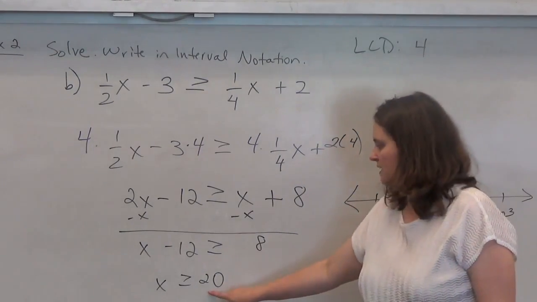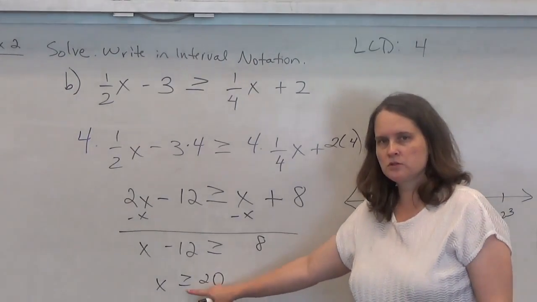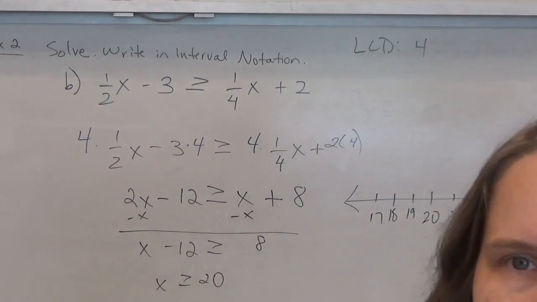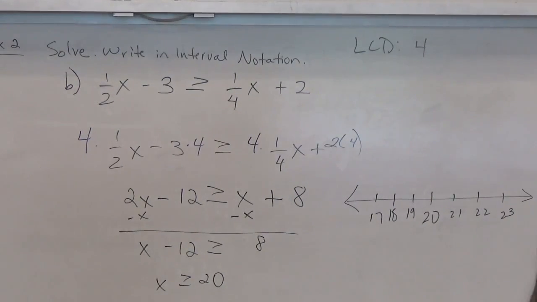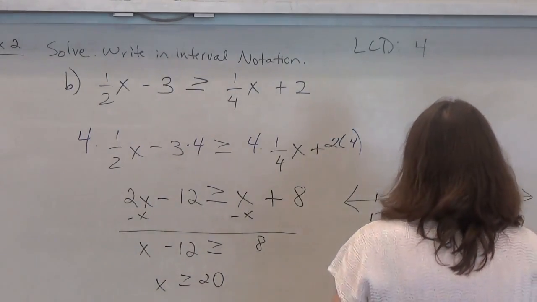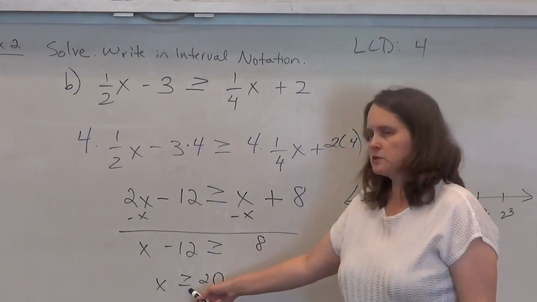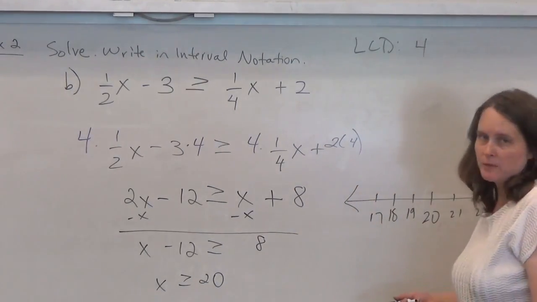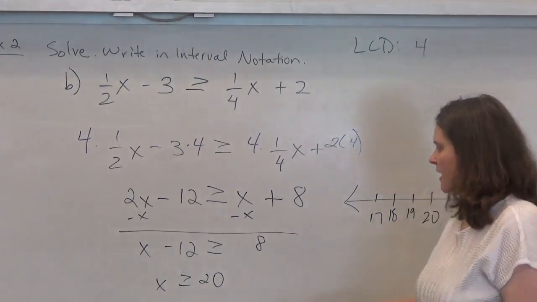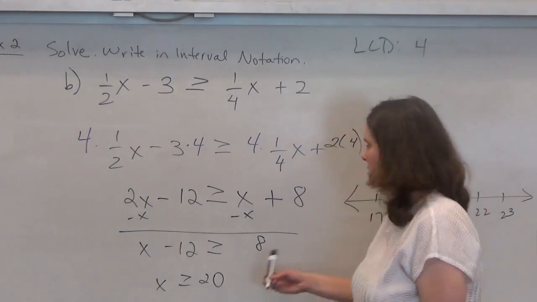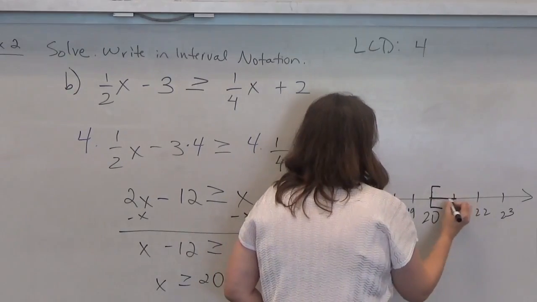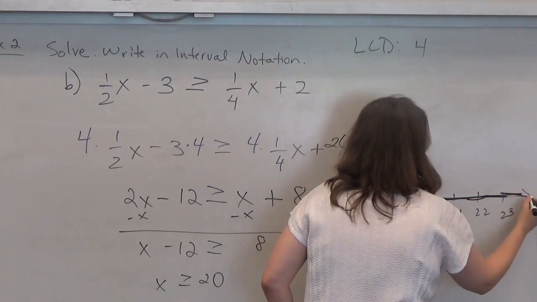I noticed that 20 is included, so you could use a closed circle to indicate that 20 is part of the solution. I'm going to use the square bracket. And I'm going to shade everything larger than 20, everything greater than. So I'm going to have a square bracket at 20 and shade everything to the right.